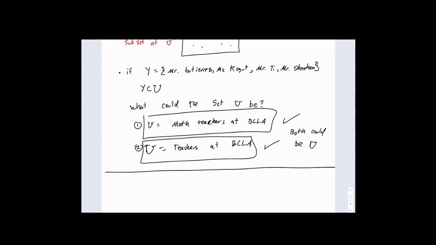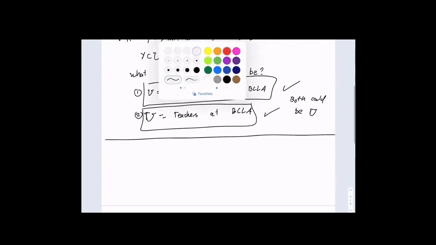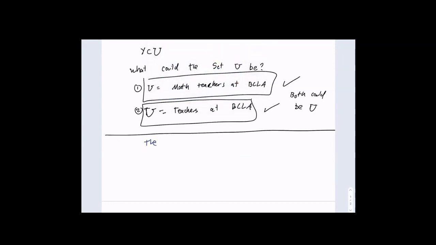Within a given problem, every set is a subset of the universal set.